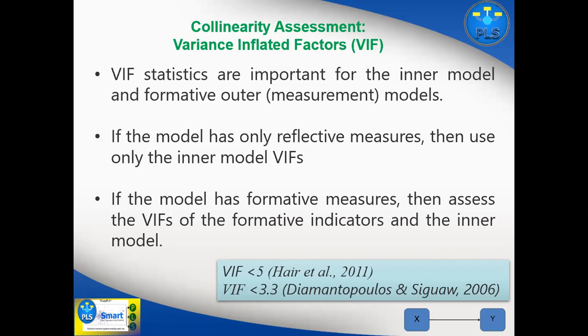If your supervisor or your examiner really knows what VIF is, and knows that you can go for either less than 5 or greater than 5, it's okay. You have justification already. So what are you afraid of? Yours is greater than 3.3, and now you cite Hair, and nobody will ask you, because Hair already said it.